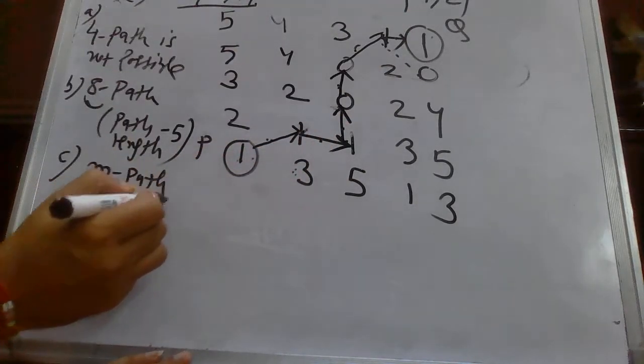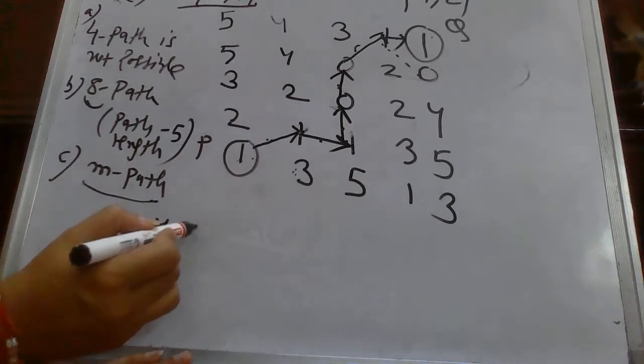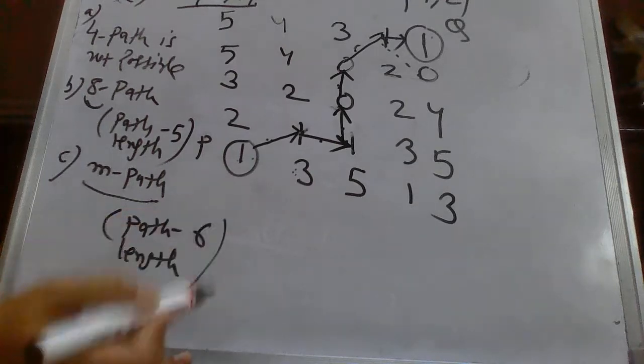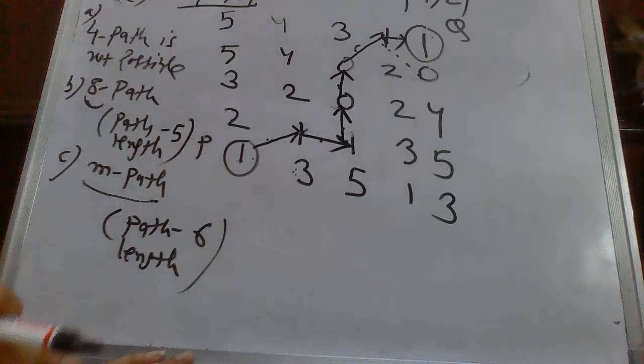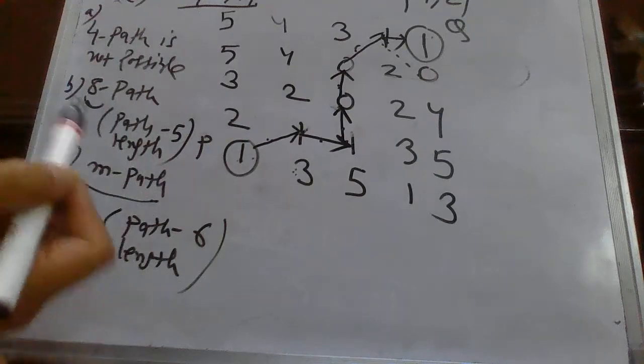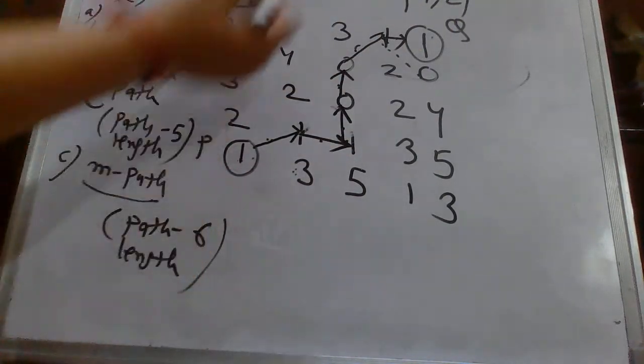So the total path length in case of M path is 6. So this question is solved for V is equal to 1. Similarly, you can look at V is equal to 1, 2 and get your answer.